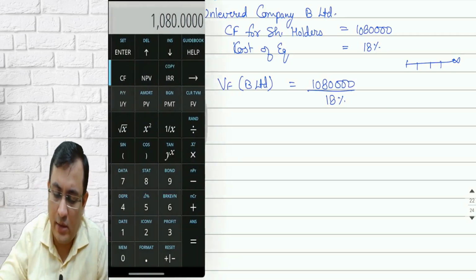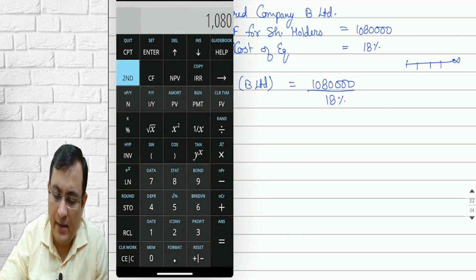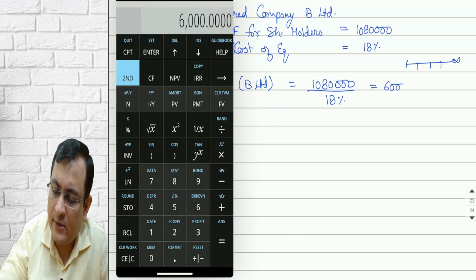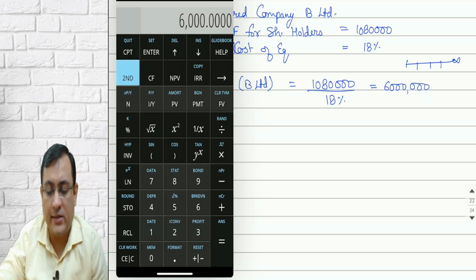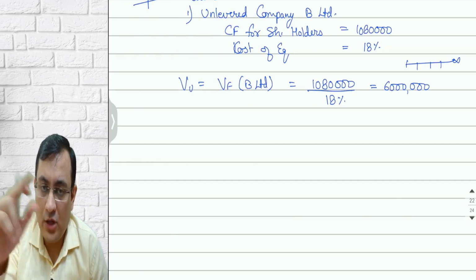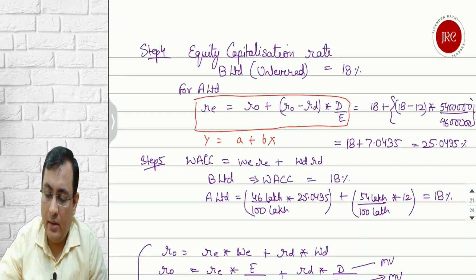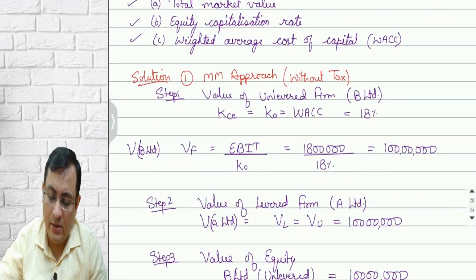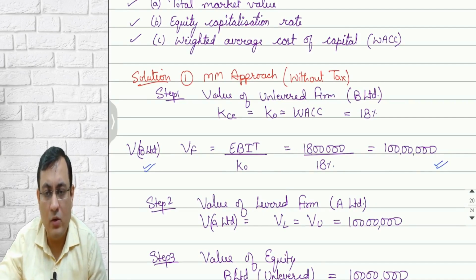So 1080 divided by 18% is equal to 60 lakhs. If I compare it with the without taxation example we used in the last video, the valuation of unlevered company B Limited was 1 crore.